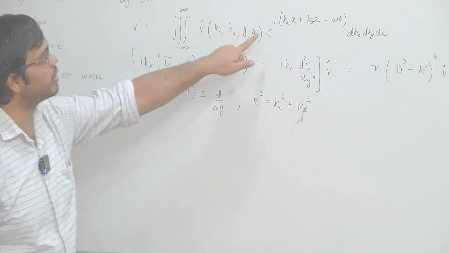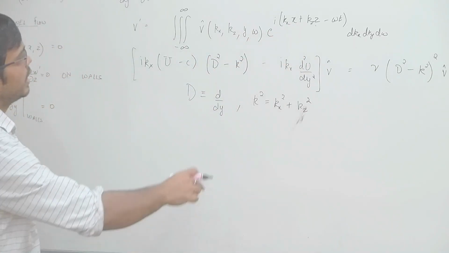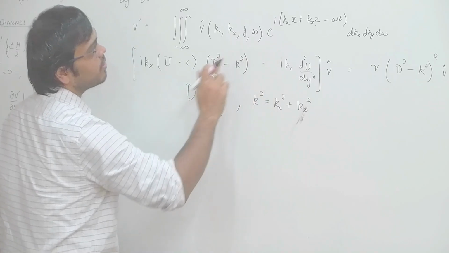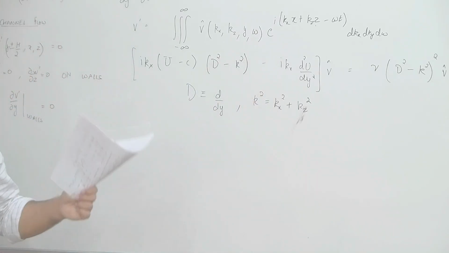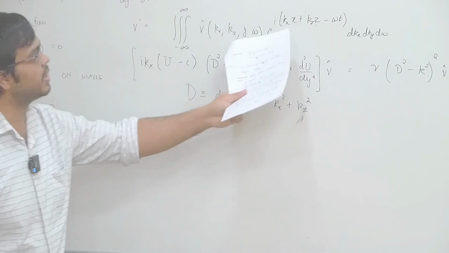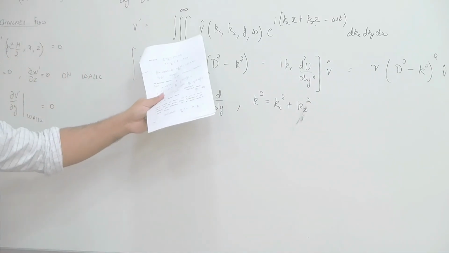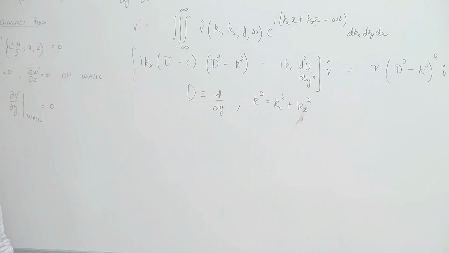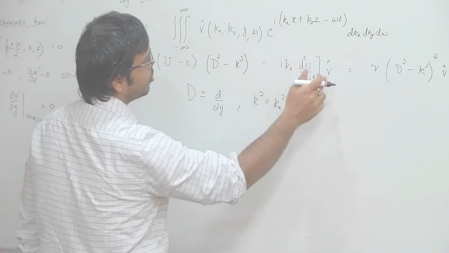So you have a wave number in both x and z, and then this is like an amplitude variation in y. Okay, so the wave has a propagation nature in x z, and it has some unknown variation in y that you evaluate from here.